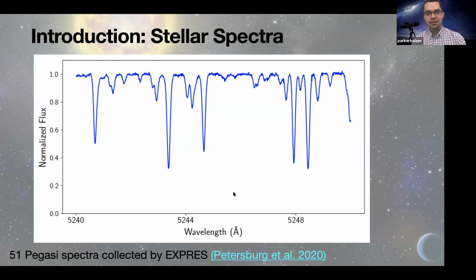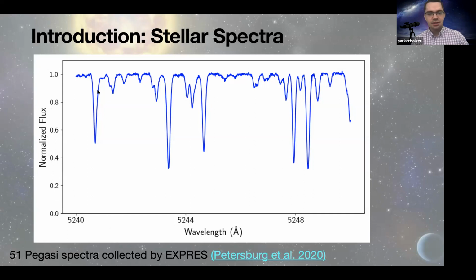And what a spectrum is: the wavelength of the light from the star, shown on the horizontal axis, and typical spectra have thousands of angstroms of wavelength, and here I'm only showing 10 just for the presentation. And on the vertical axis, we have what I've called normalized flux here. You can think about it as a measure of the brightness of the light, at least the relative brightness of the light, as a function of wavelength.